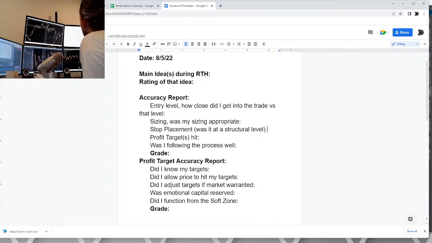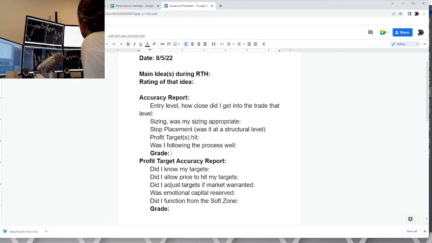So again, let me move that back. Don't know why that's like that. We'll fix it later. But we've got just different things here. And I score these anywhere from a 0 to a 0.5 to a 1. You'd fill it out accordingly.